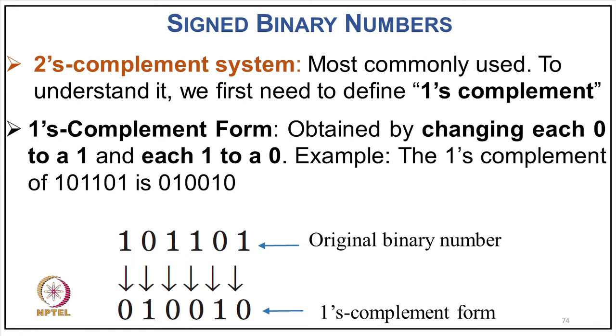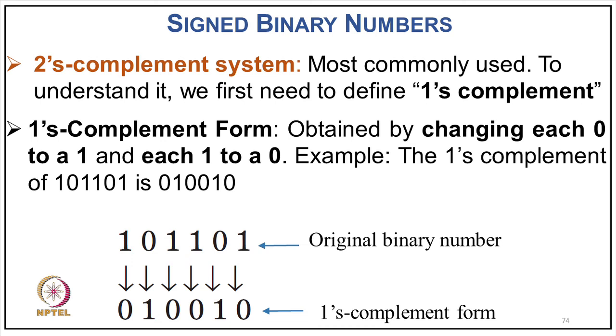So, for example, the 1's complement of 1 0 1 1 0 1 is obtained just by complementing it: 1 becomes 0 and 0 becomes 1. So, the number becomes 0 1 0 0 1 0.